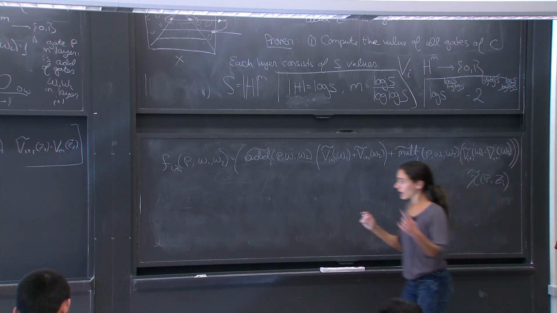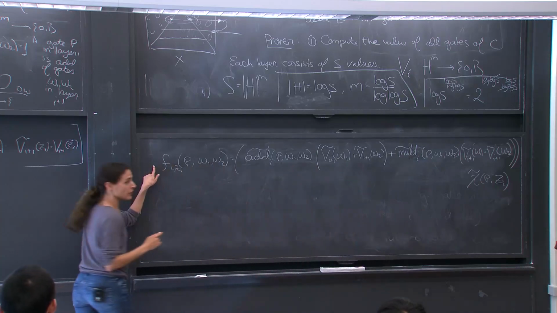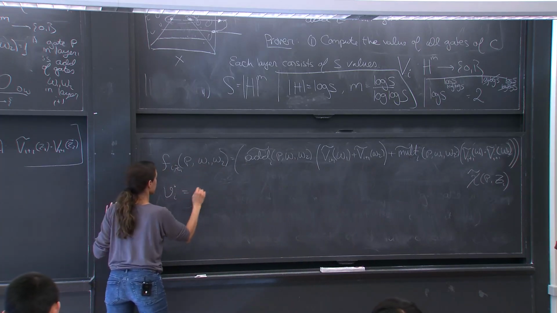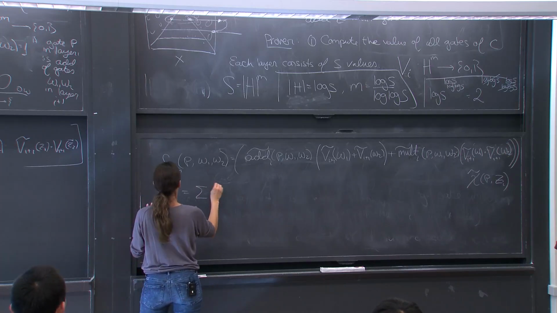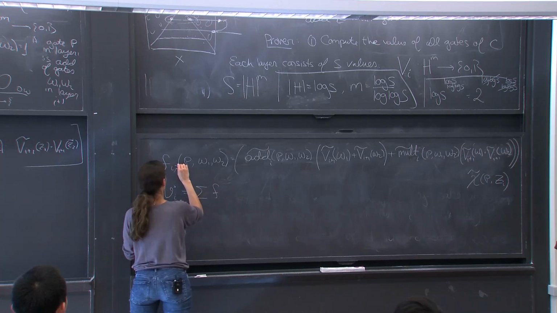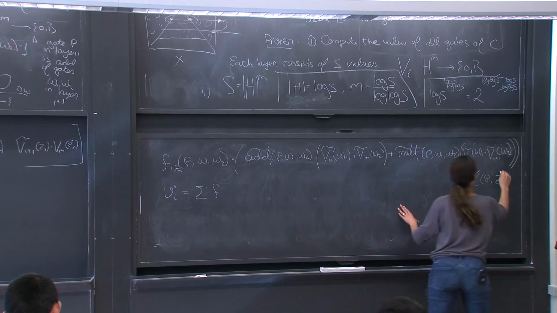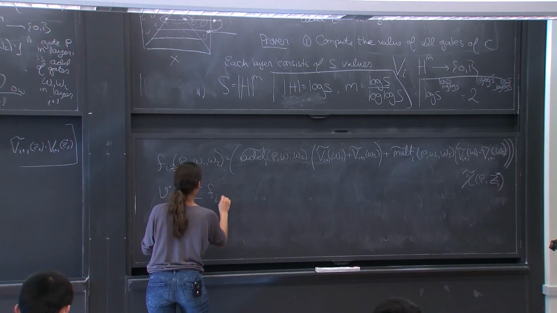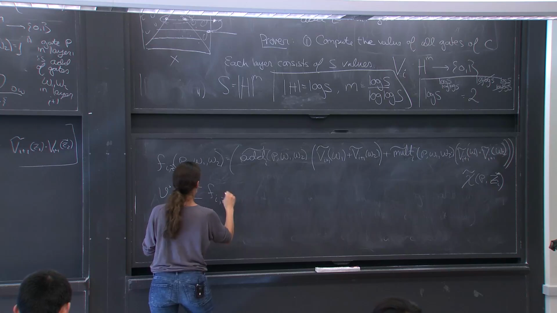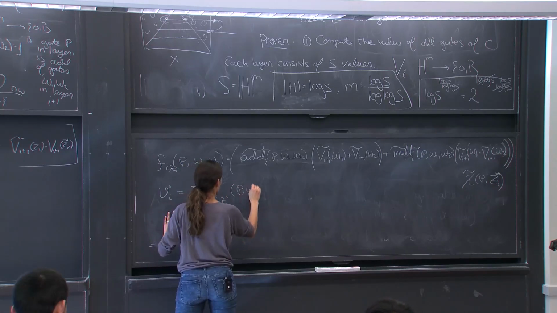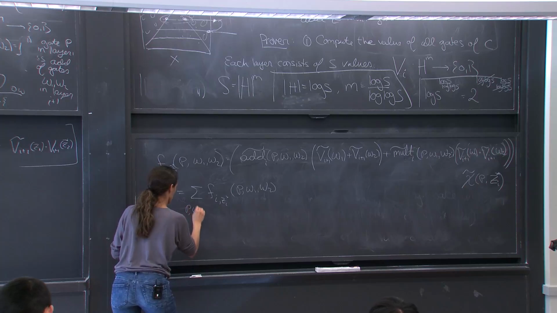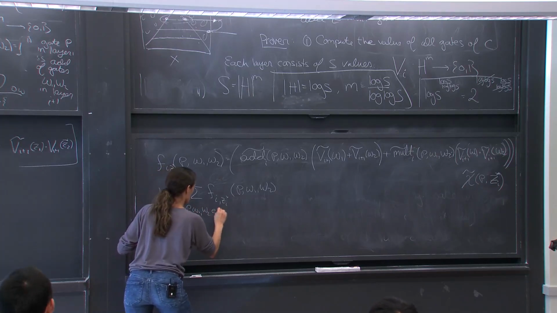When we check, we get a value Vi, or Vi star, and we check that Vi star, this is Zi star, that was the star, is the sum of Fi Zi star of P, W1, W2 over P, W1, W2 in H to the n.